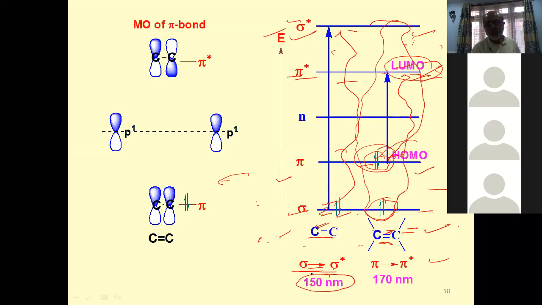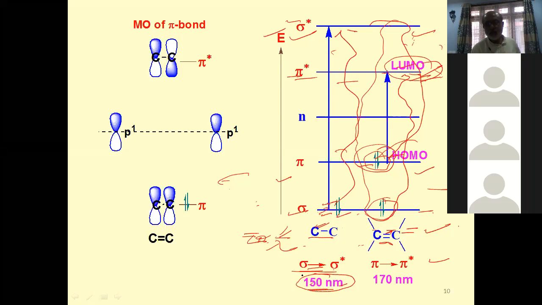The wavelength required is 150 nanometer. Energy and wavelength are inversely proportional, yes or no? Energy and wavelength are inversely proportional. So this is a shorter wavelength than this one here.